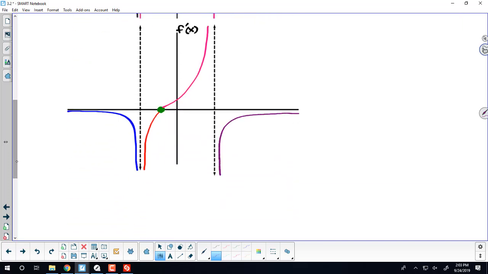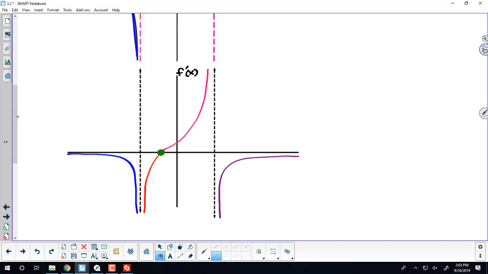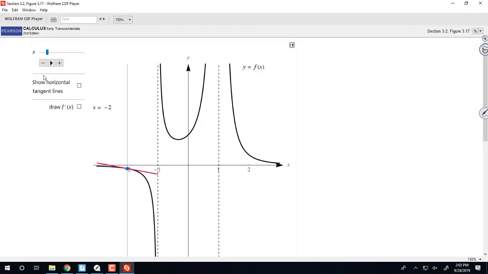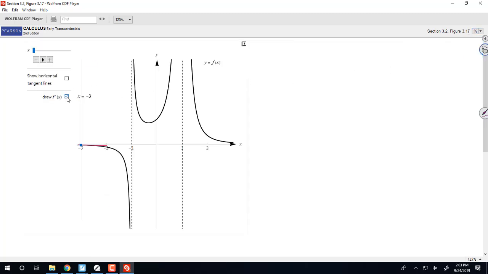All right, there's a graph of our derivative. So I'm going to run through their interactive figure here. They're really flat, getting more and more negative.